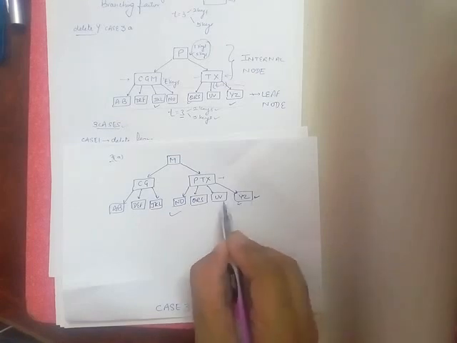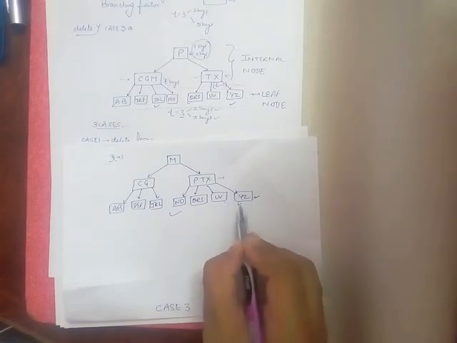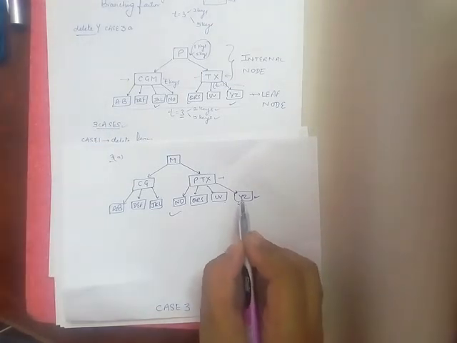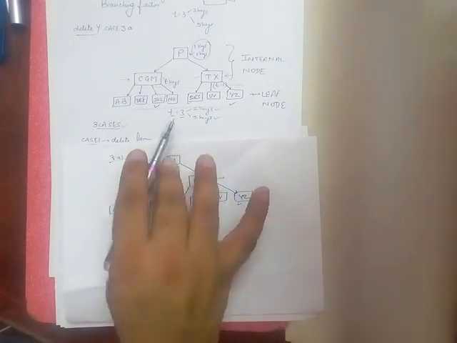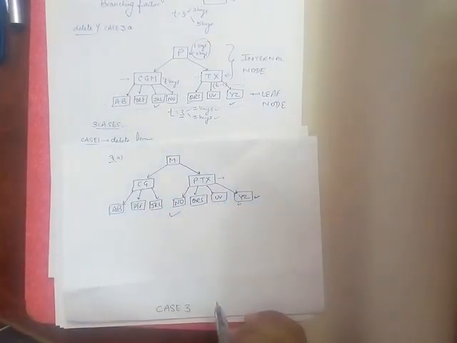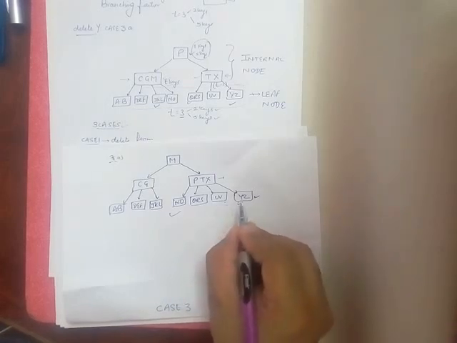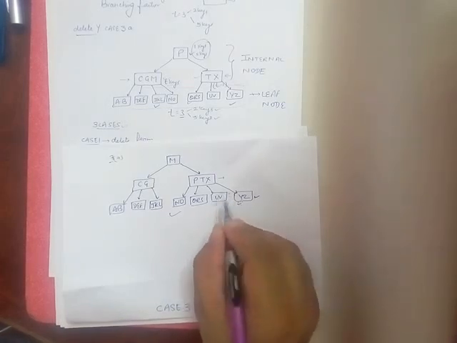We have to solve this problem further, because we cannot directly delete from this node: if we delete Y, it will have less than 2 keys, that is 1 key, which violates the B-tree branching factor condition. Here we see its sibling also has the minimum number of keys.